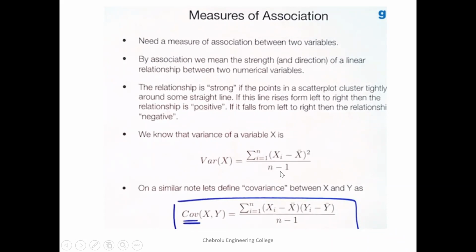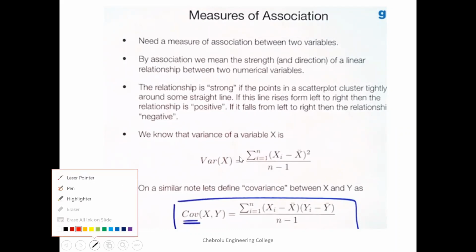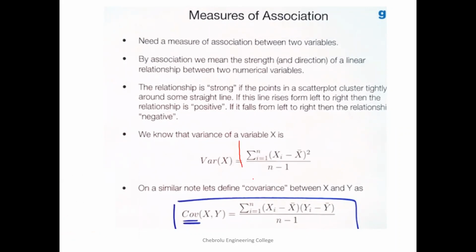Why do we need to put n minus 1? If the variables are random, we put n minus 1. If they are definite, we put n. That is the difference. So this is called the variance of x, my dear friends.